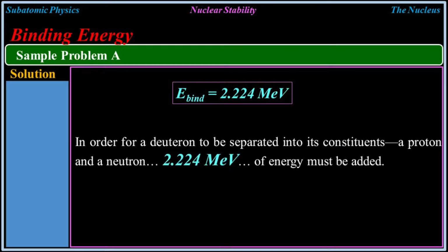In order for deuteron to be separated into its constituents, a proton and neutron, 2.224 mega electron volts of energy must be added.